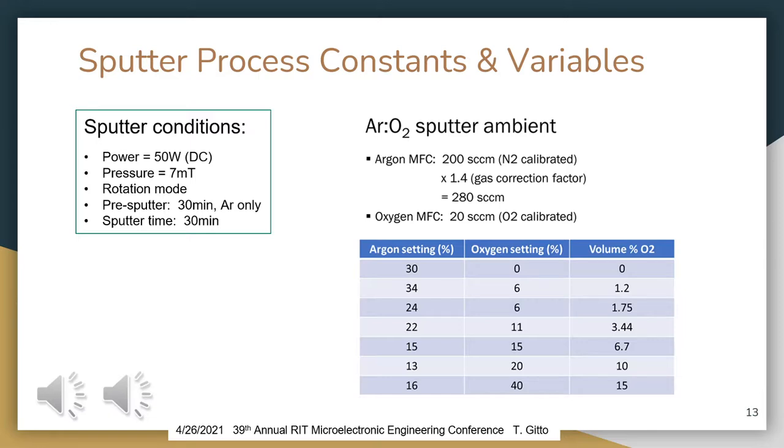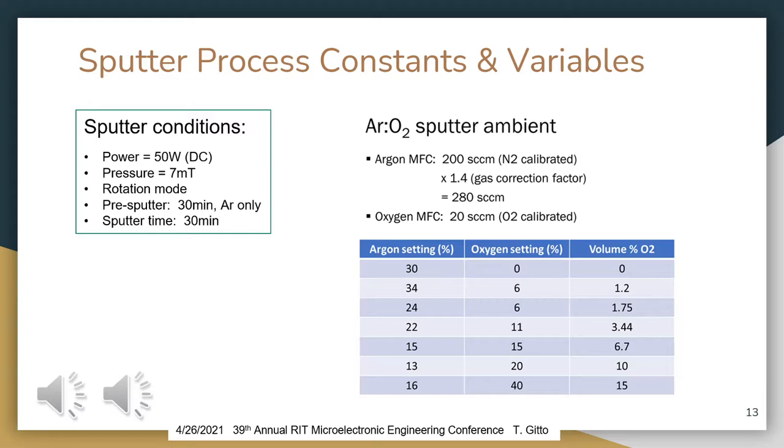Something to point out is our argon oxygen ratios that we decided and how we captured that data. The argon MFC is 280 sccm, and the oxygen MFC is 20 sccm.